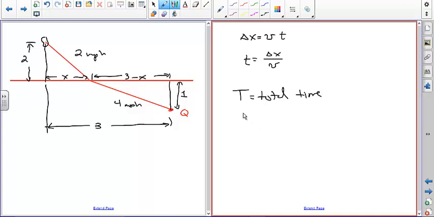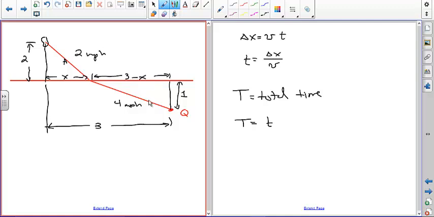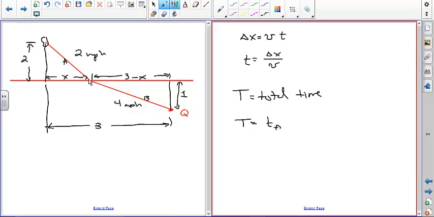So the total time is going to be the time for, we'll call this part A and this part B. So it's going to be the time to go from here to here, which is in the water, plus the time it takes for you to go on land.